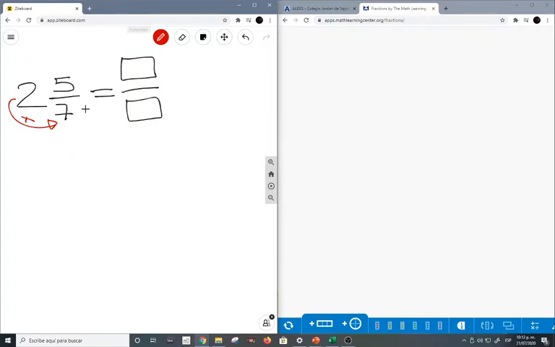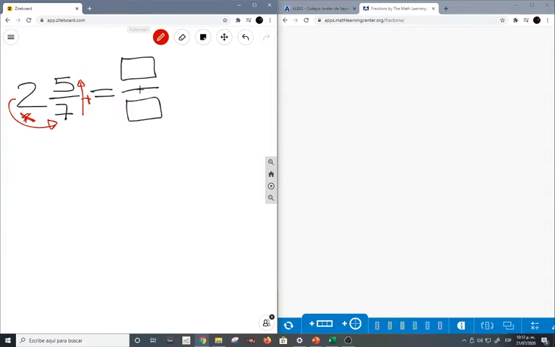This is a multiplication, okay, and then you are going to make an addition with the result of this multiplication plus the 5.